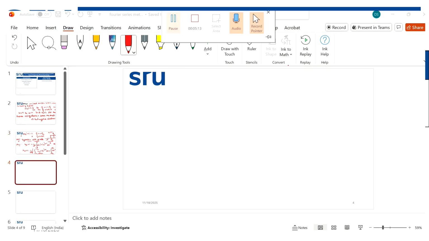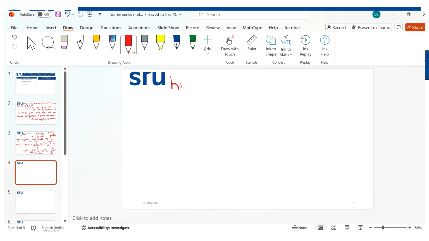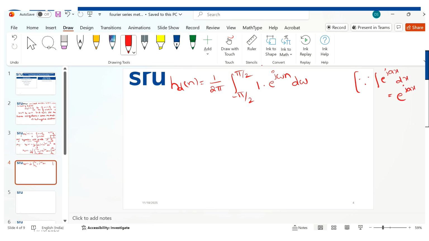Now using the given expression, hd of n exists only between minus pi by 2 to plus pi by 2, where the amplitude is 1, multiplied by e power j omega n d omega. We know that the integral of e power j a x dx is equal to e power j a x divided by j a.